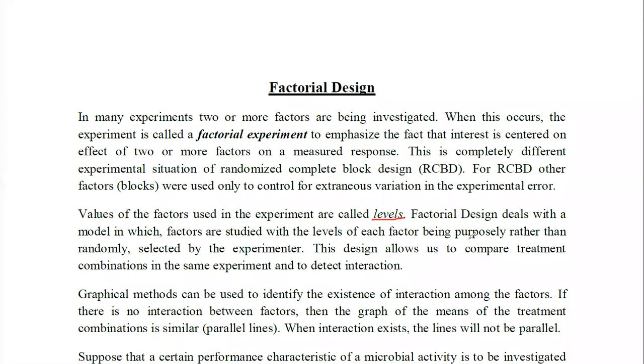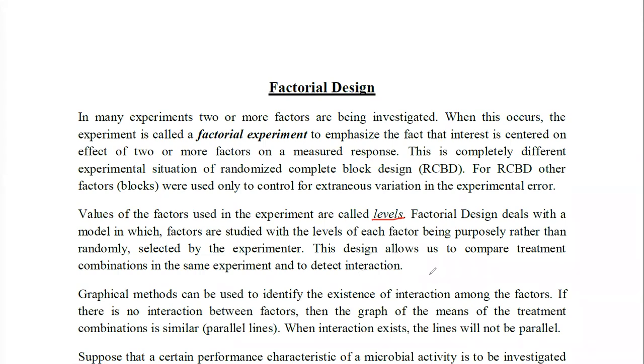Therefore, we assign the experimental units purposely to these blocks. Actually, we can call them factor levels inside this factorial design. And this is what I have explained previously also.